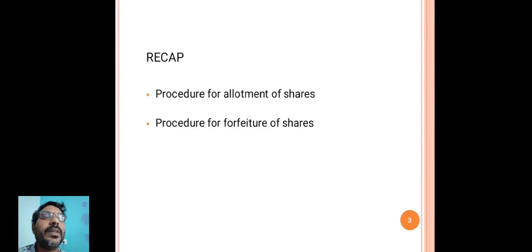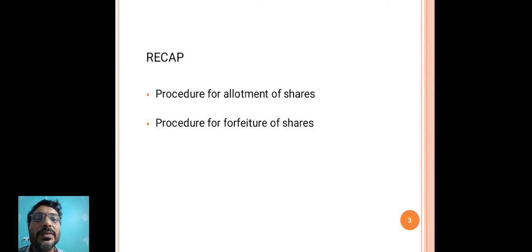So in the prospectus, each and every piece of information is available, and it is issued to the general public to purchase shares or debentures depending upon their interest.